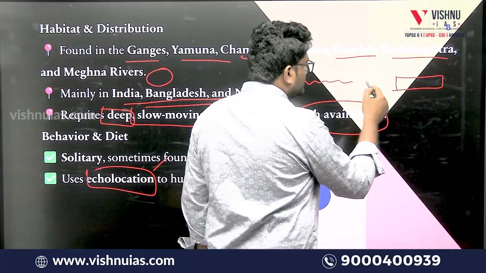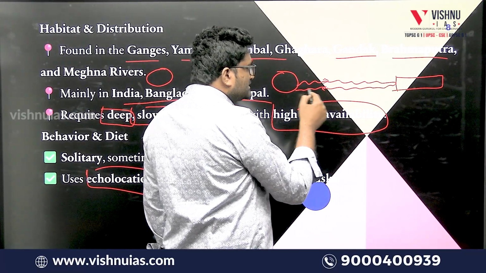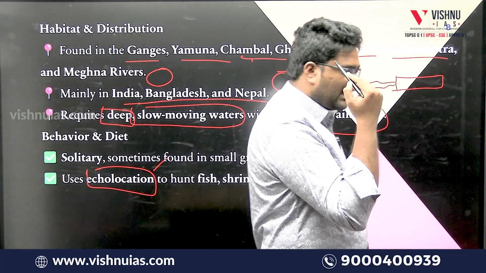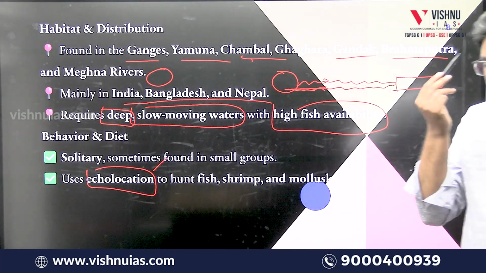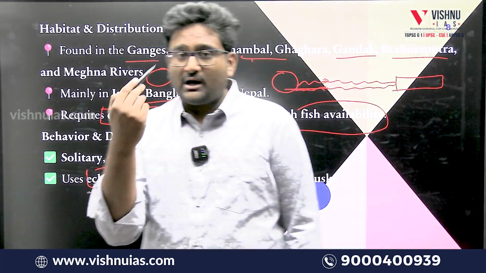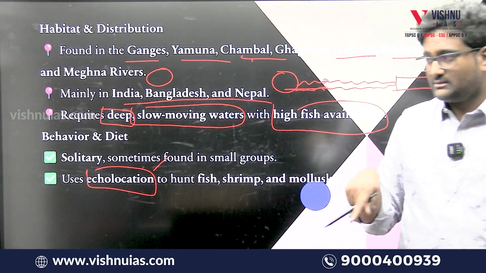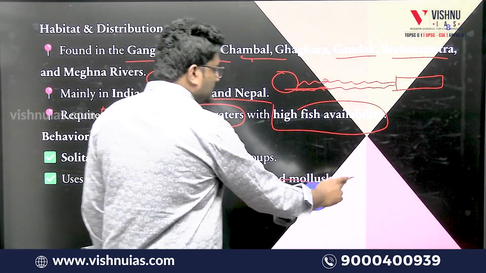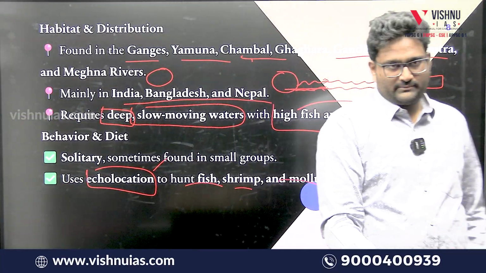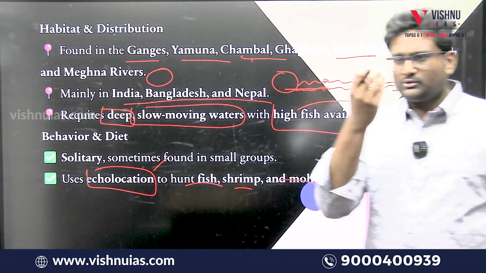It makes some noise, the sound goes and reflects back. Based on this reflection, the dolphin can calculate the distance of the fish, and can also identify what it is. That is the ability, so it is called a blind dolphin. It hunts fish, shrimp, etc. based on these sound signals only. Clear? It comes up occasionally outside the water to breathe.